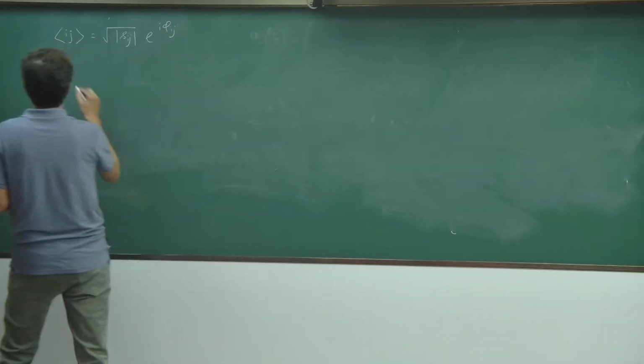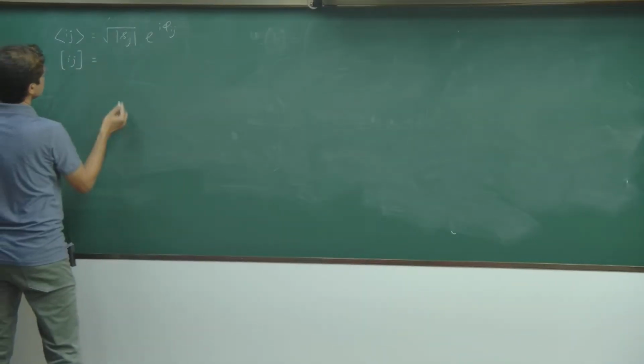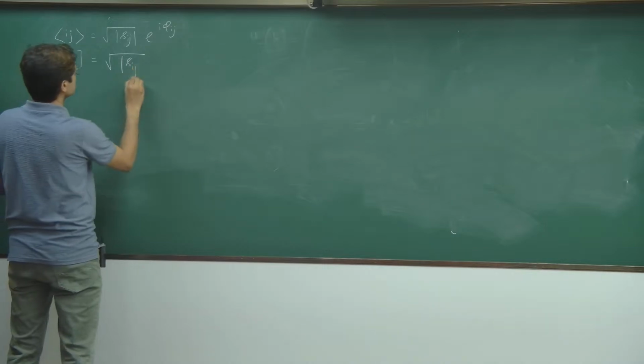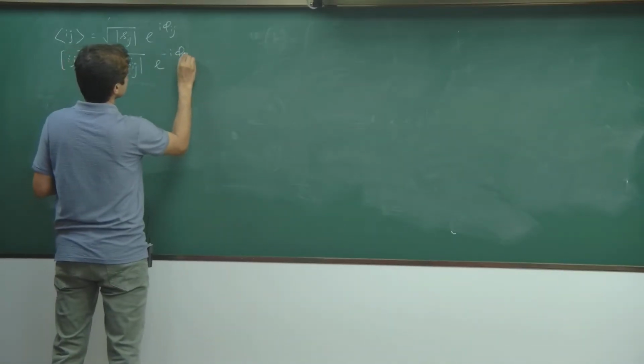Similarly, you can do the same exercise for the square bracket and you will get e^{-i phi_ij}.